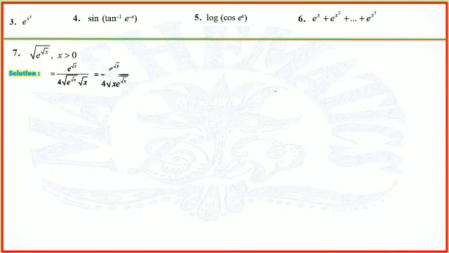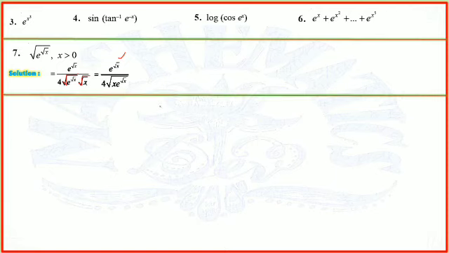So this is equal to e^(root x) as it is, and this under root and this under root, so these two can be multiplied: x into e^(root x) under the same square root, and outside is 4. That's all about question number 7. Question number 8 is log x, and then question number 9 we will move further.